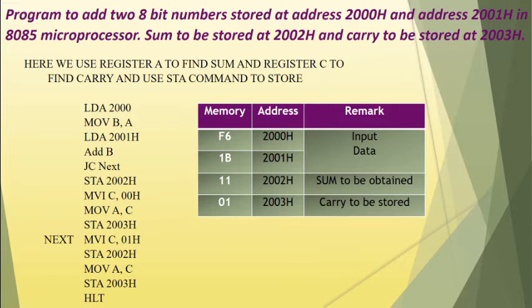So if the carry is generated, in that particular case we have to increment the register C, or we have to store 01 into the register C, and we have to store the carry into the location 2003H. Okay, so before that the addition sum is stored in the accumulator.